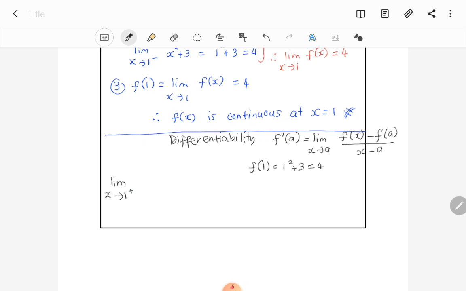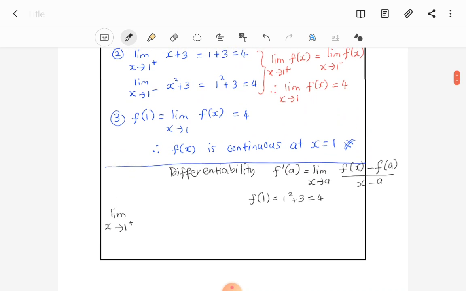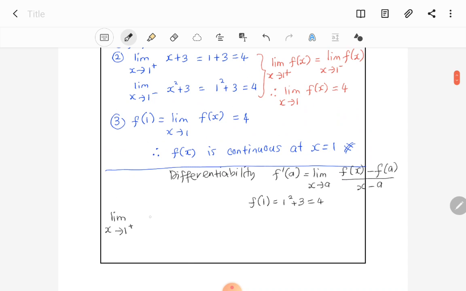For 1 positive, we will use the below function, which is x plus 3. The formula is f(x) minus f(a). What is f(a)? f(a) is f(1) and f(1) is 4, divided by x minus 1.